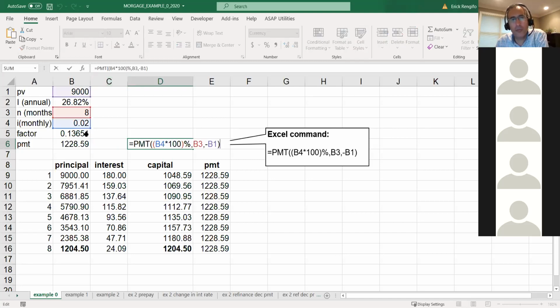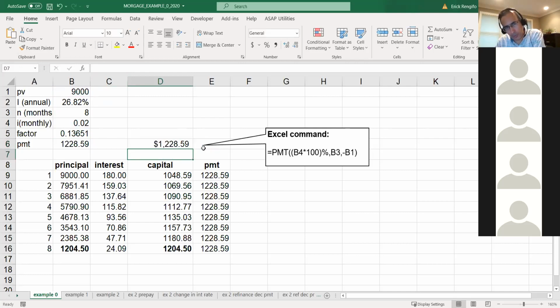Instead of completing everything, you simply use payment. This is the interest rate, which needs to be in percentage terms. B3 is the number of months, and B1 is the loan amount. I put this negative just to have the payments positive. You can see the results are exactly the same. You also have the formula here when you want to replicate this.